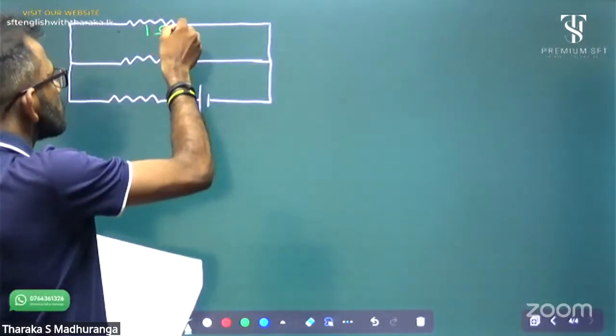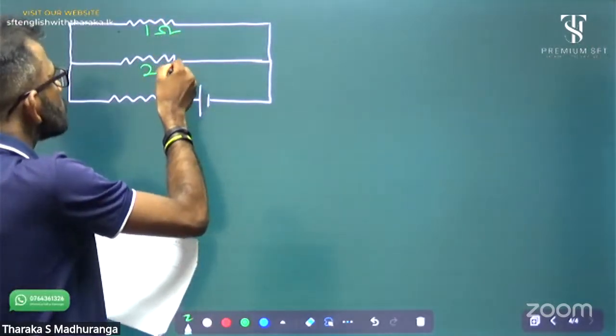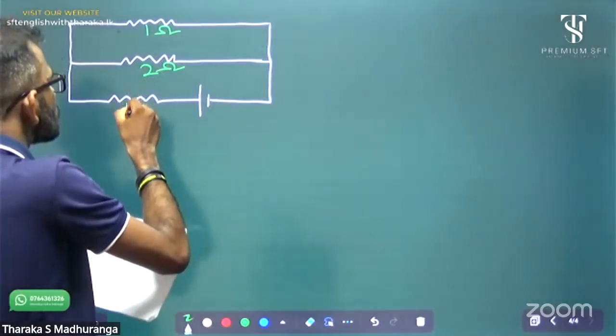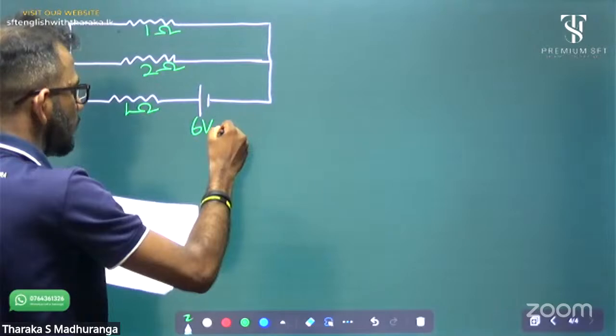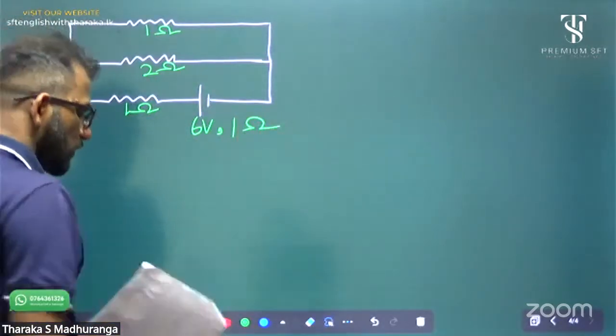One ohm, 2 ohm, 1 ohm, 6 volt, and 1 ohm. Okay, very simple circuit.